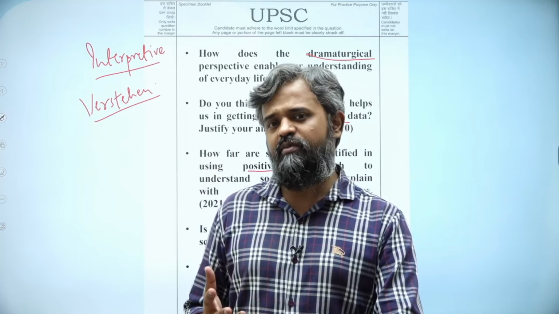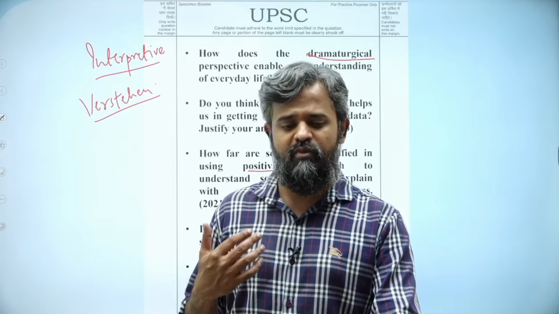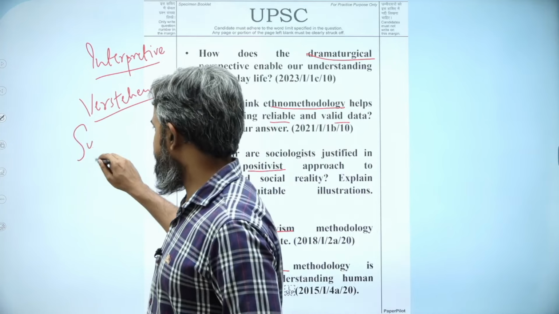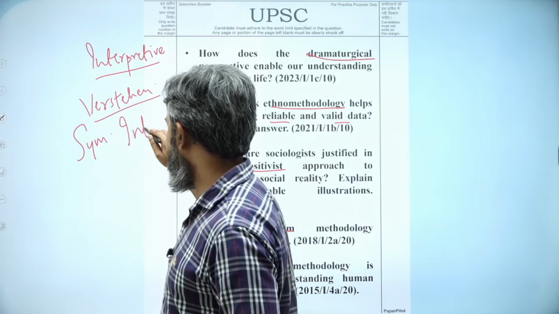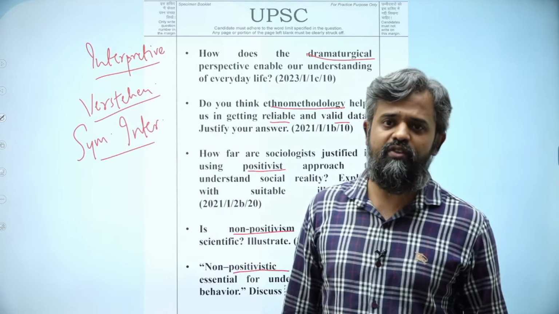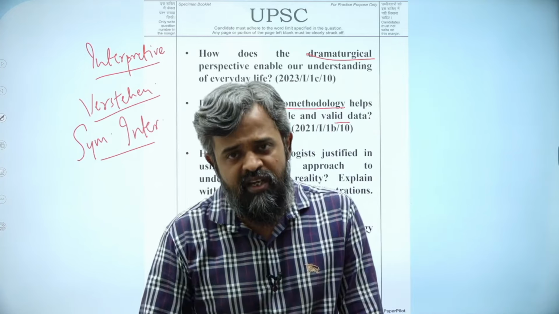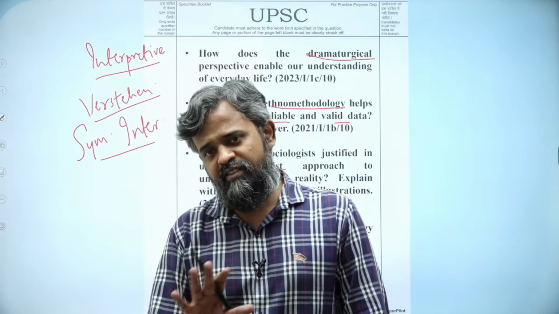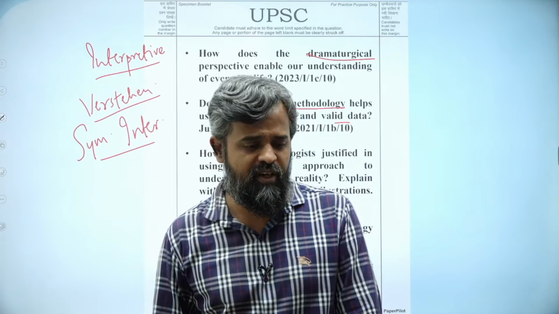So within the interpretive approach of sociology, we can talk about symbolic interactionism, phenomenology, and ethnomethodology. Now, symbolic interactionism is a distinctly American branch of sociology. Key thinkers are George Herbert Mead, Herbert Blumer, and Charles Horton Cooley. That's the trinity when it comes to symbolic interactionism.